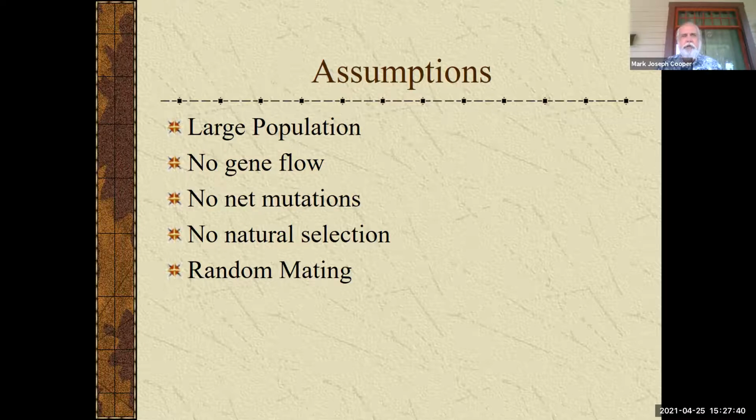I asked that once in class, and students said deportation. Hopefully that's not the case. Okay, no net mutations, which means that there is not a mutation from one allele to the other. No natural selection, so every individual has the same chance of survival, and random mating.